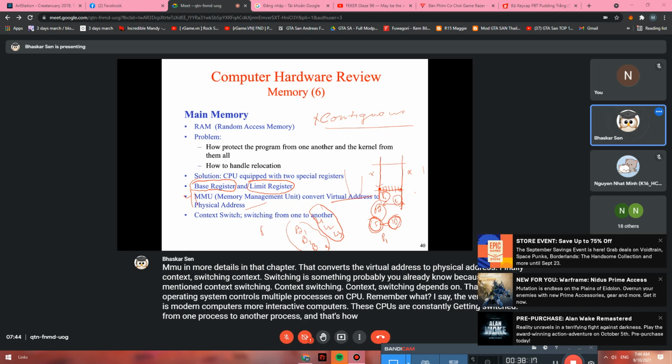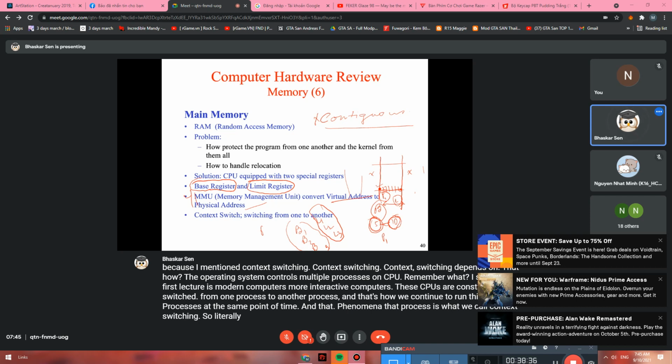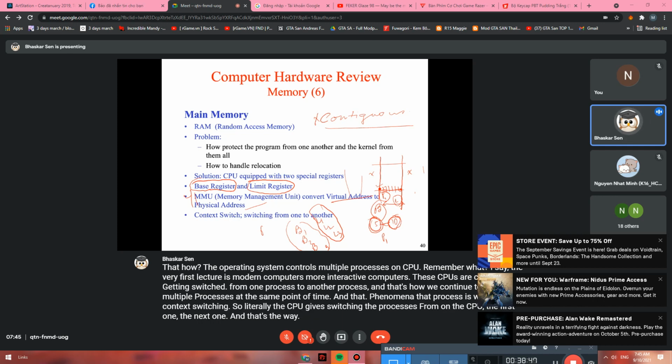And that's how we continue to run these multiple processes at the same point of time. And that phenomenon is what we call context switching. So literally, the CPU keeps switching the processes on the CPU. The first one, the next one, and that's the way to go. Clear? Now let's move on to the next slide.